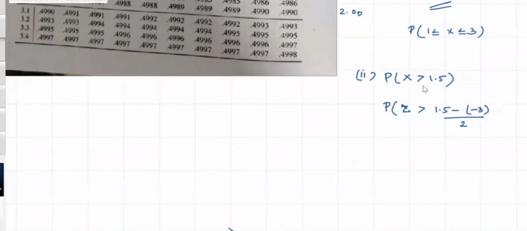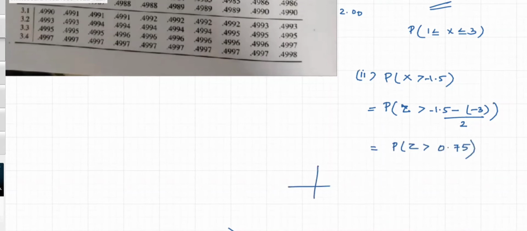Sorry, x was greater than minus 1.5. So minus 1.5 minus of minus 3, divided by 2. So the probability of x greater than minus 1.5 is the same as the probability that the standard variable z is greater than minus 1.5 plus 3 by 2, and that is the probability of z greater than 0.75.